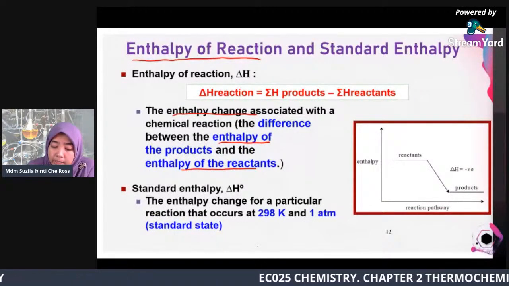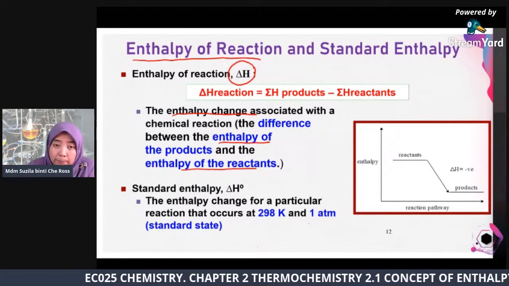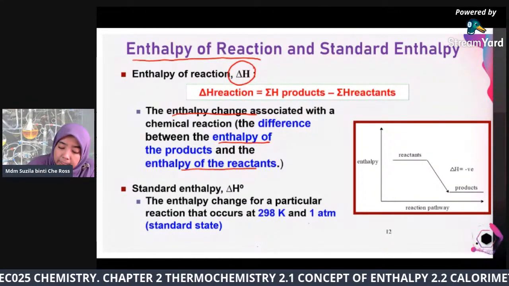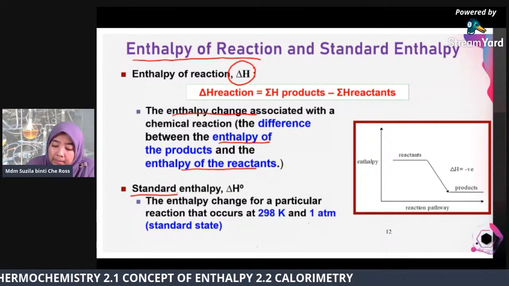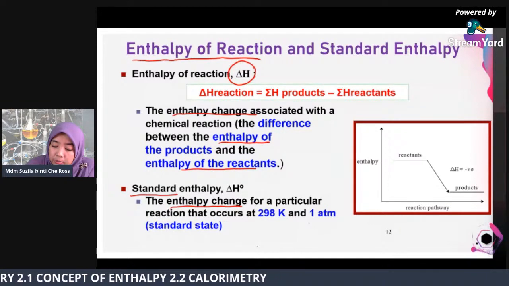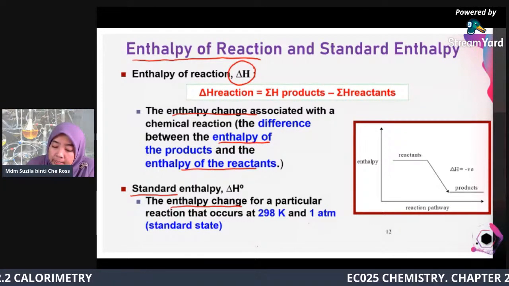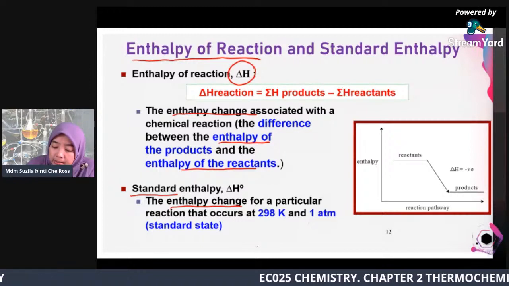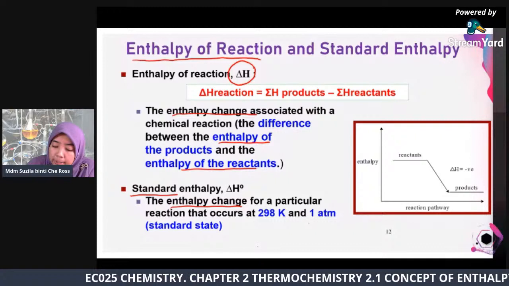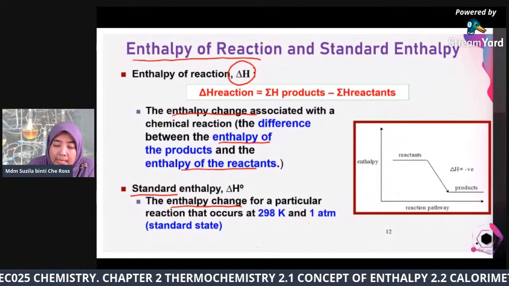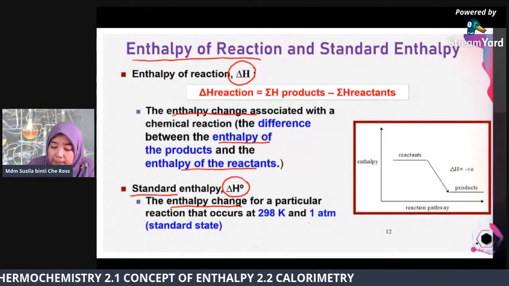The symbol for enthalpy of reaction is delta H, and standard enthalpy means the enthalpy change for a particular reaction that occurs at 298 Kelvin and 1 atm. The symbol for standard enthalpy is delta H naught. When you see the naught, it means it is in the standard condition. So what is the difference between enthalpy of reaction and standard enthalpy?